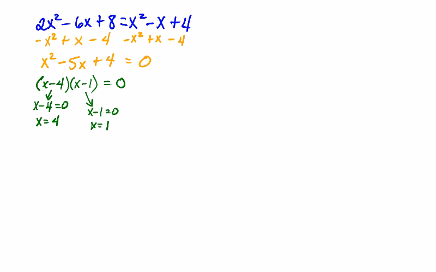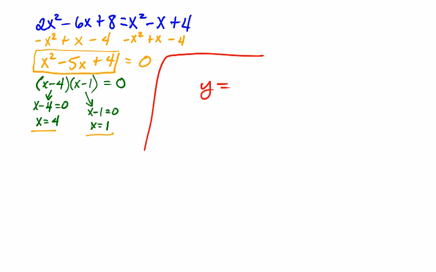The last thing we said is that these two answers actually represent points on the graph of the function y equals x squared minus 5x plus 4. They would represent the x-intercepts. So if someone gave you the function y equals x squared minus 4 and asked where the x-intercepts are, you can factor the function: y equals (x plus 2)(x minus 2).